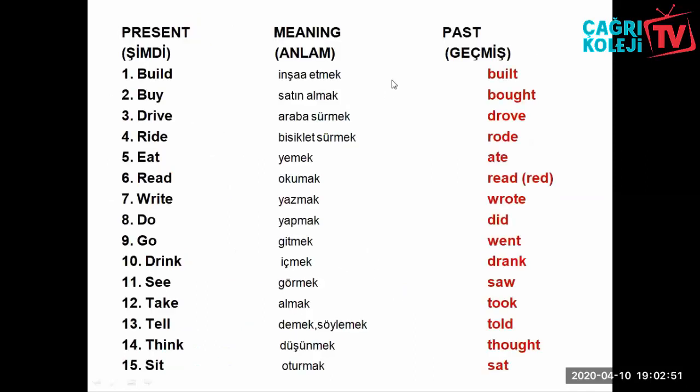Anyway, now please look at these irregular verbs for a while, one by one. Buy, bought, drive, drove, write, wrote, eat, ate, read, read. The spelling is the same as the first form of the verb, read, but when we want to use it in the past, we just say read.